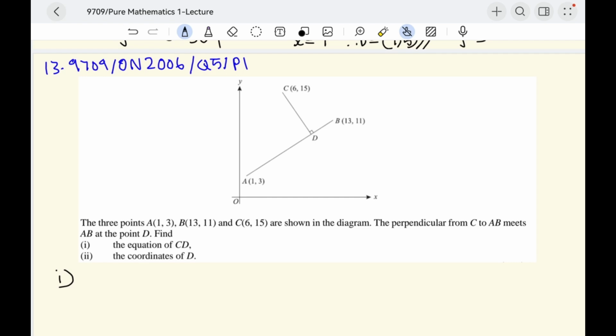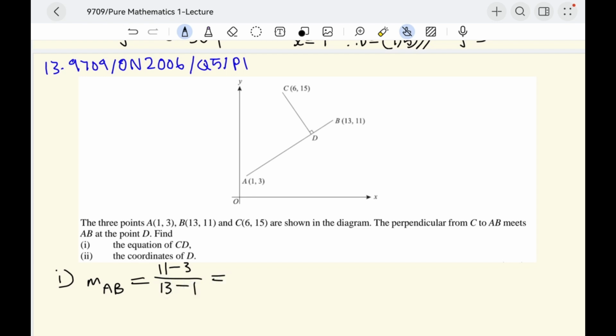First thing first, you need to look for the gradient of AB, before leading to the equation of CD, by looking for the gradient of CD first using the relationship. So for the gradient of AB, you have to use the gradient formula, which is the difference in y coordinates over the difference in x coordinates.